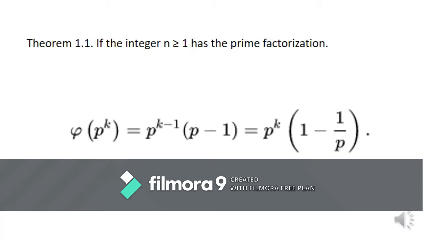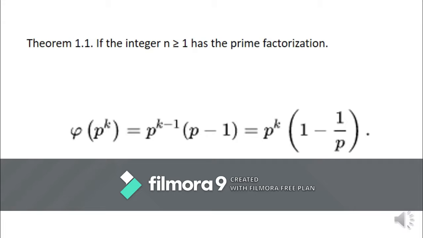Now, 3 raised to 2 is similar to p raised to k. Therefore, your p here is 3, which is the prime number, and your 2 here is the positive number that is raised. Okay? Now, your p is 3 and k is 2.